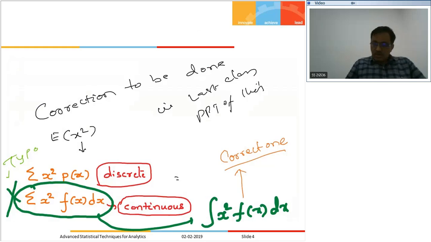Now, one small typo here. In one of the slides in the last session, where we discussed the expectation of x square, we have to calculate it by considering a discrete random variable as well as a continuous random variable.